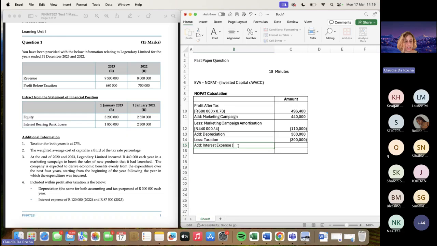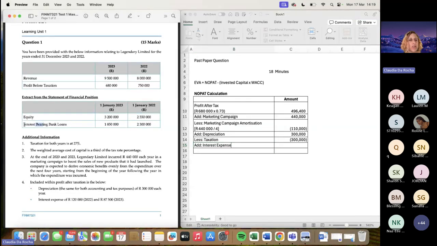Okay, so then with interest. Okay, so with interest, we need to factor that in because, first of all, we are working with interest-bearing debt at the beginning of the period, and this interest expense was not there. So what I mean by that, your interest-bearing bank loans is an opening balance.